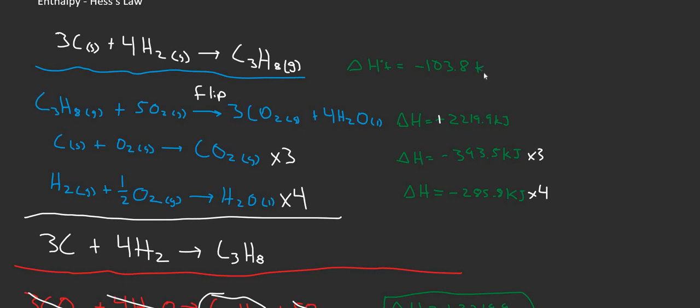Always, always, always include your units. Cannot stress that enough. Because a number without units is pretty meaningless in terms of chemistry, or any science for that matter. So here we go. This is your final answer.